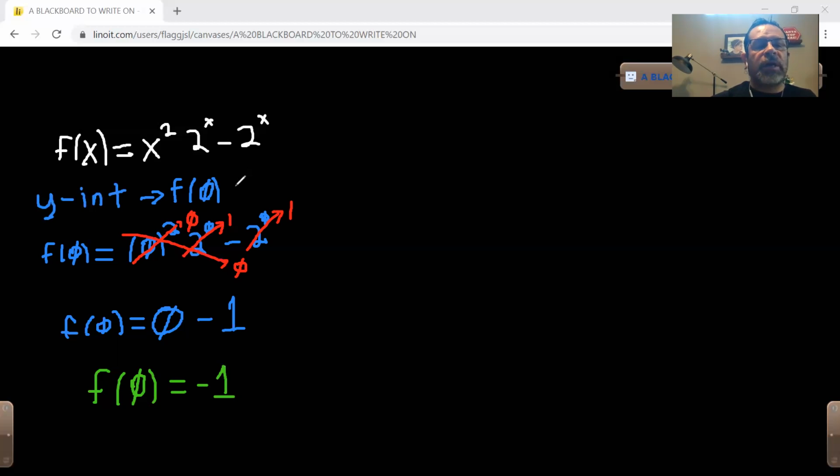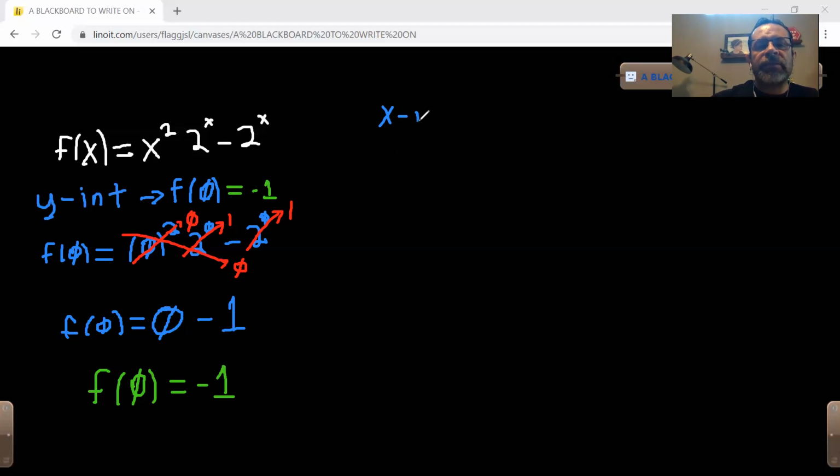And that would be the y-intercept. That was relatively easy, right? It's going to be a bit more interesting with the x-intercept. So the x-intercept, or maybe it's not, we'll see.